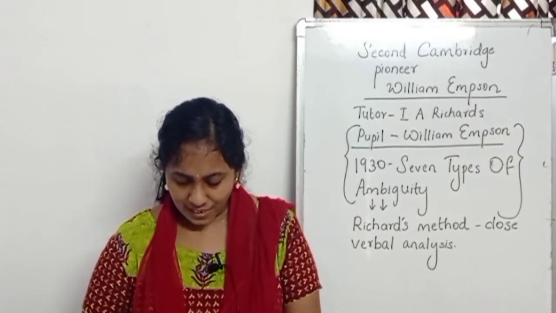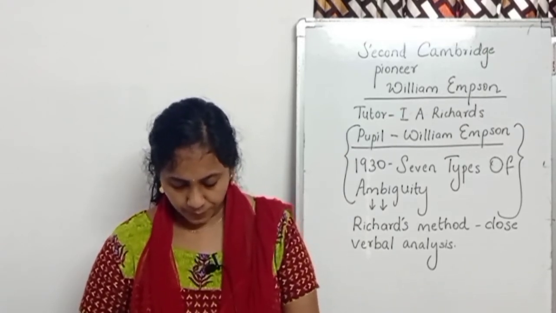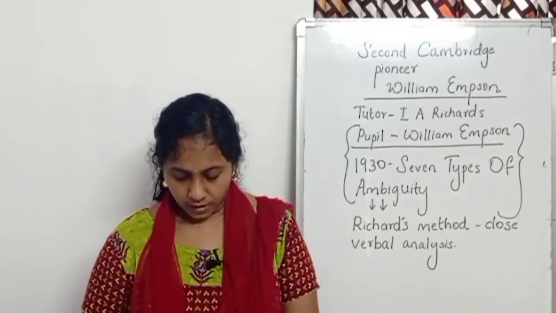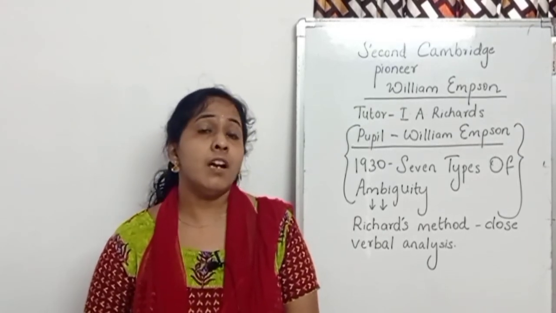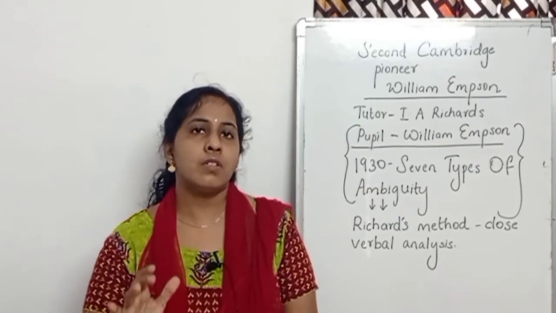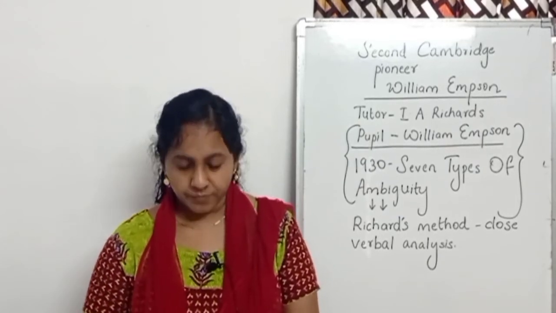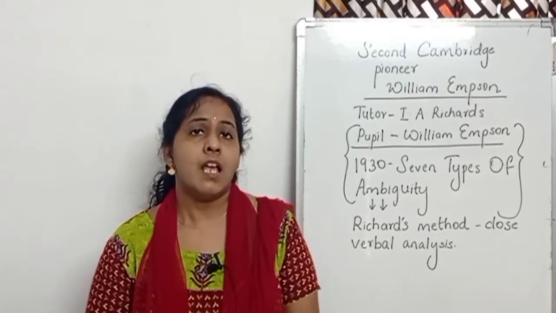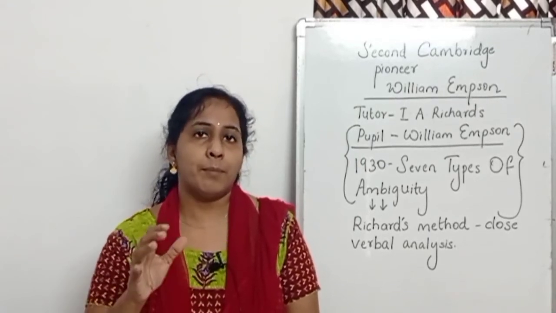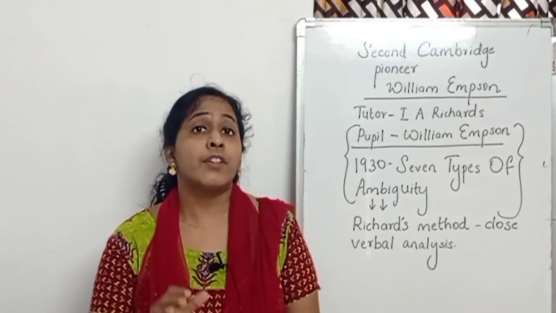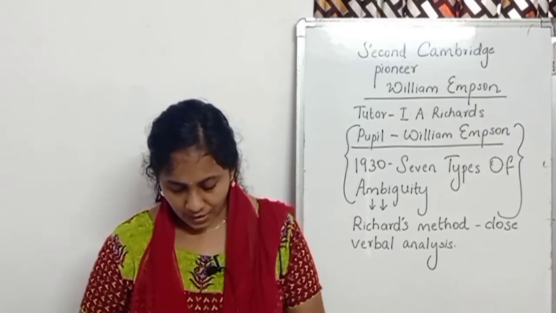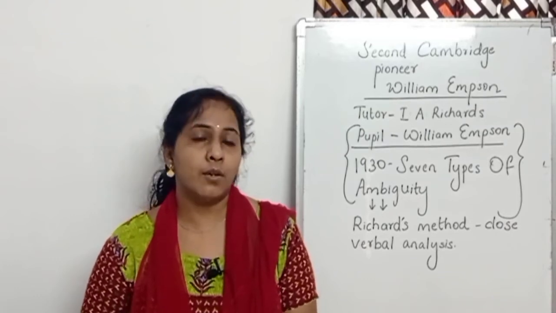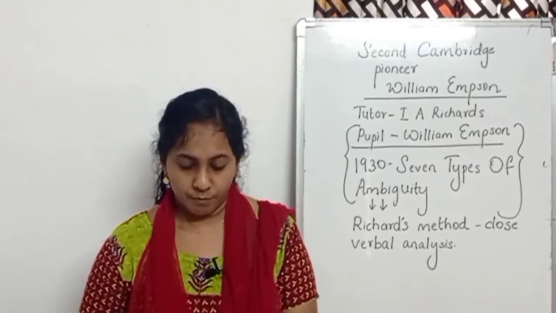In this book, Seven Types of Ambiguity, William Empson applied Richards' method of close verbal analysis, the close reading as we came across before.